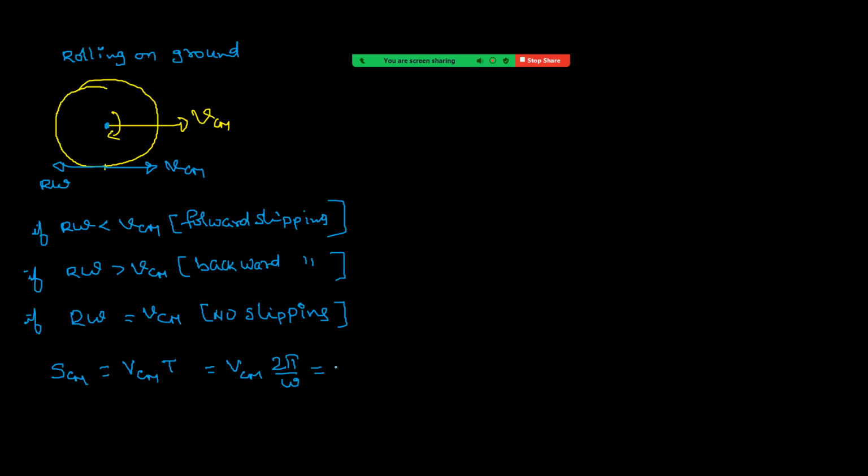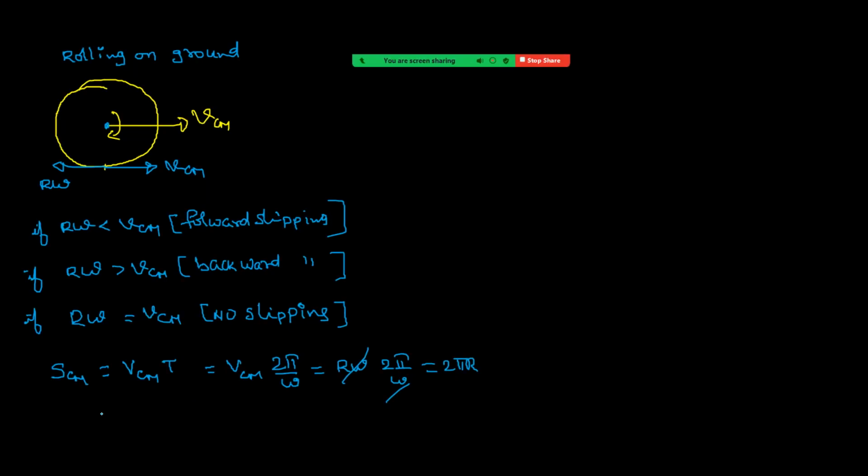In the place of VCM, we can write r omega, meaning no slipping. So this is r omega into 2 pi by omega, which is 2 pi r. So it covers a displacement equal to 2 pi r if there is no slipping.